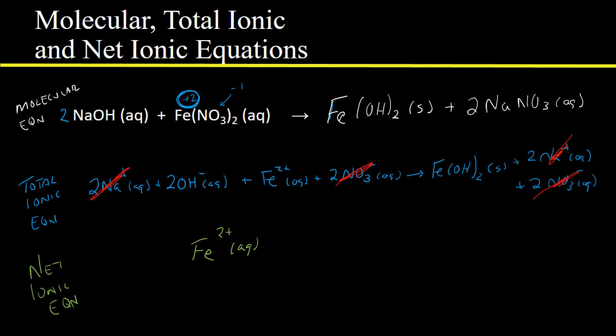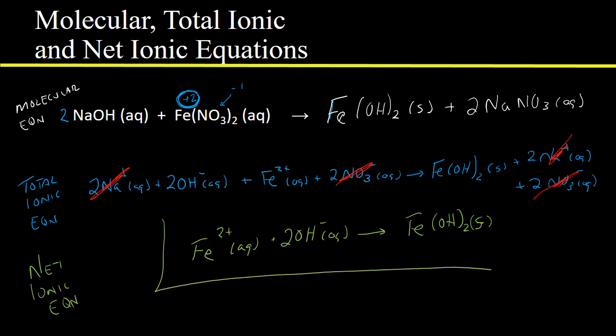But if you wrote the hydroxide first, that would be fine. All right. So there's our net ionic equation. Iron 2 ions in solution with hydroxide ions form iron 2 hydroxide precipitate.